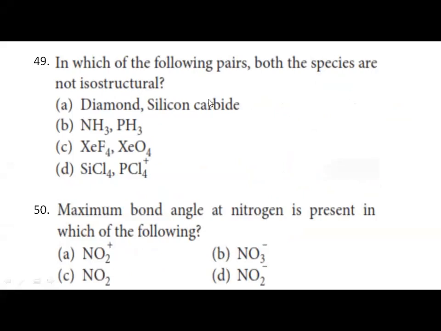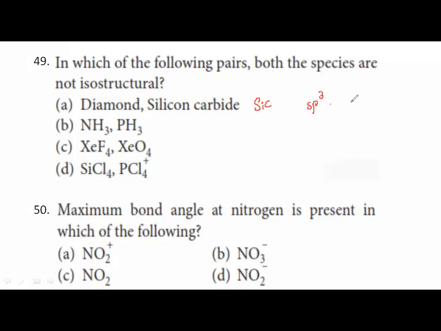The pairs are: diamond and silicon carbide, NH3 and PH3, XeF4 and XeO4, SiCl4 and PCl4+. In diamond and silicon carbide, what is silicon carbide? Silicon carbide is SiC, which is also called carborundum. In both, the central atom is sp3 hybridized.